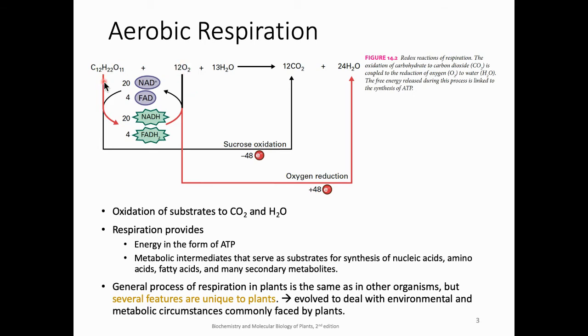So by losing electrons, sucrose becomes oxidized. This is the process of sucrose oxidation. And oxygen is gaining electrons. Gaining electrons creates a lower oxidation number. So that means oxygen is reduced, in the process of oxygen reduction, to create water.